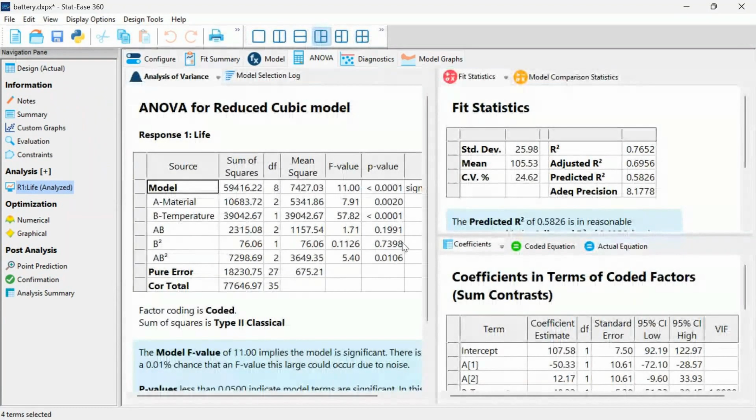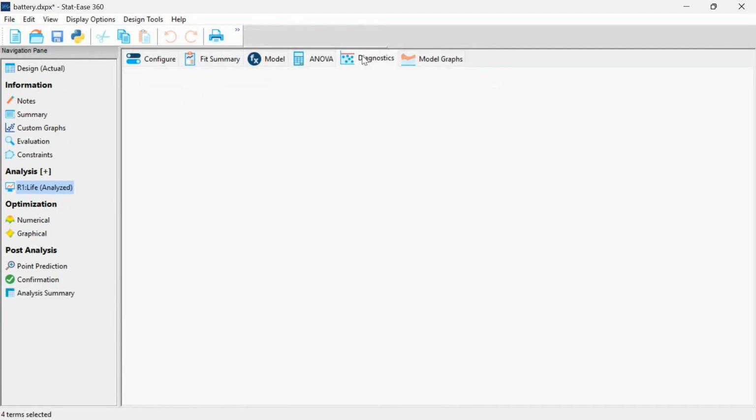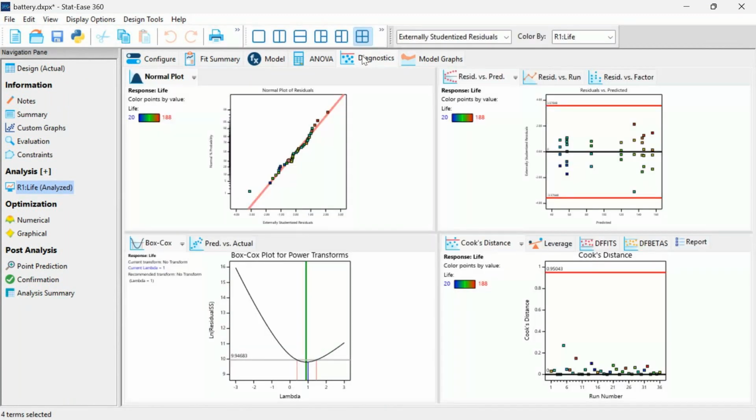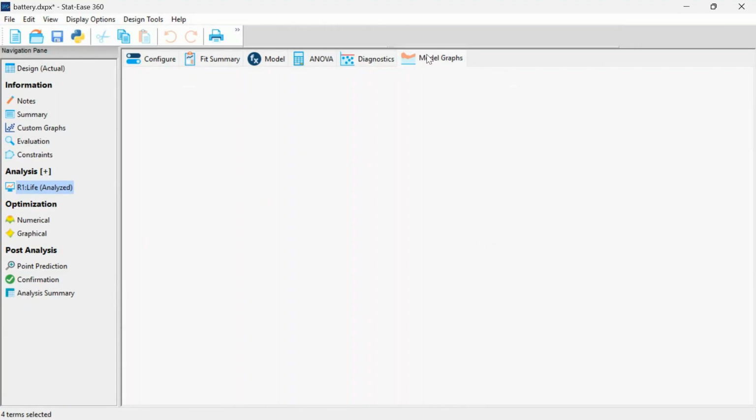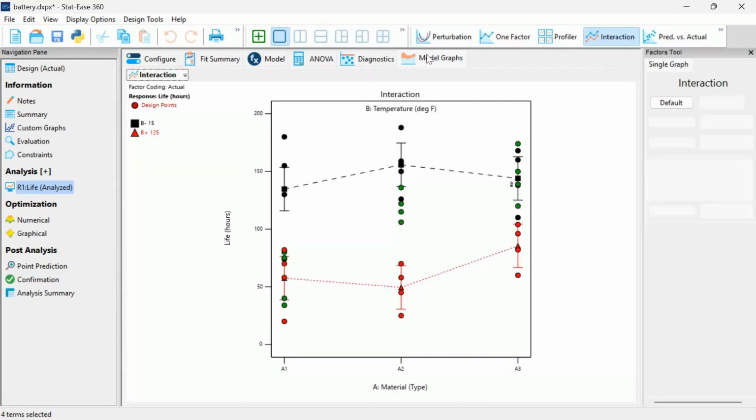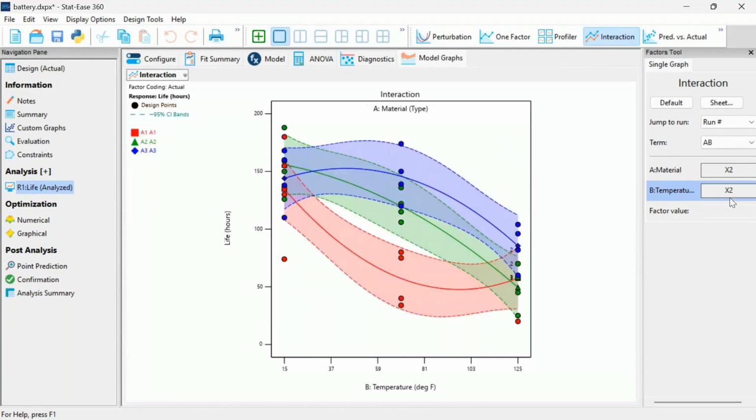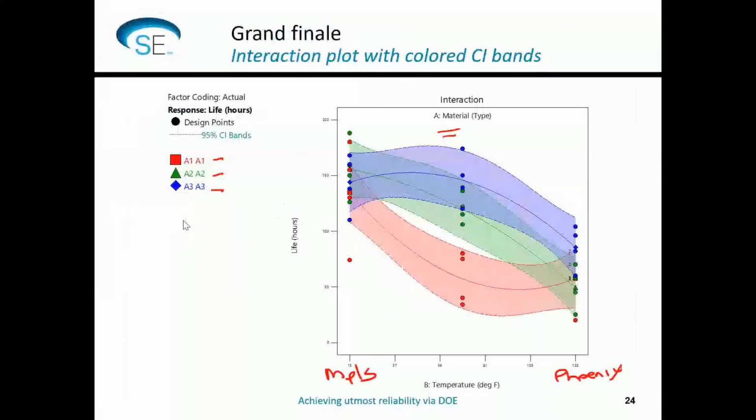And then you can see that even though these are insignificant terms, they come back in again to form a well-formulated polynomial model. And this actually works pretty well. And then the diagnostics are fine. And then if I switch the axes so the temperature is at the bottom, then I get this beautiful color banded picture of what happened at the end, and hence this slide here.